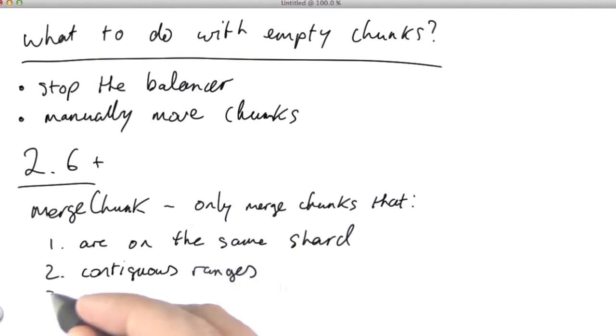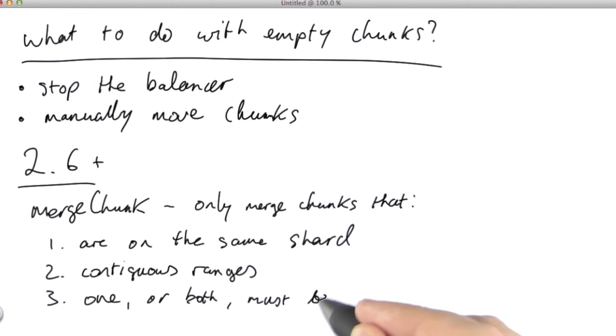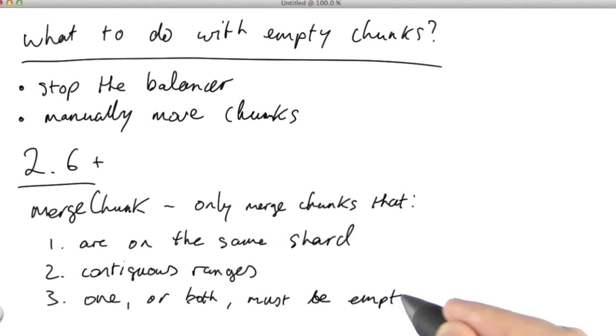So contiguous ranges only. And then finally, one or both must be empty. So merge chunk will let you get rid of some of these empty chunks, consolidate them down, but only if they're empty. One or both of the chunks in question are empty. So that would then give the balancer the clue that it needs that there is actually an imbalance, and it would start rebalancing then again.